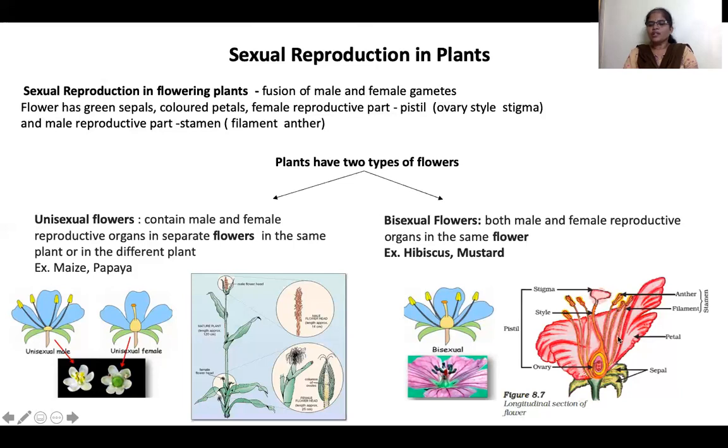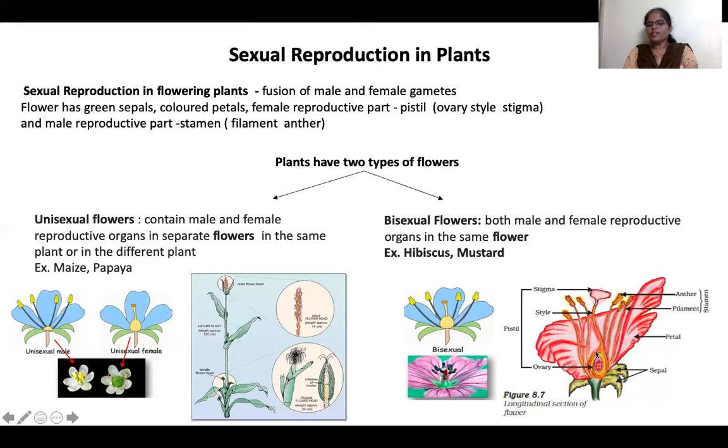In this stamen, the tube-like structures are called filament, and at the end of the filament there is a bilobed structure, a structure with two lobes, called anther. Okay, this forms the stamen. This is a male reproductive part. In the center there is a female reproductive part called pistil.